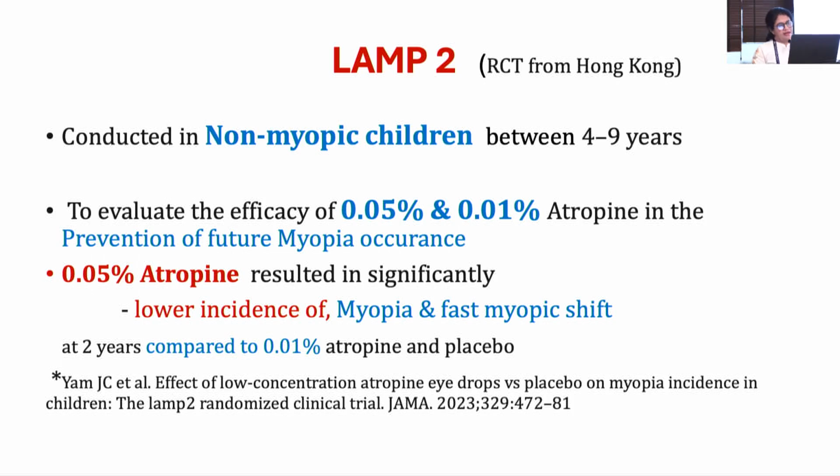And in LAMP 2, they compared in non-myopic children between 4 to 9 years to evaluate the efficacy of 0.05% versus 0.01% atropine in the prevention of future myopia occurrence. And it was found that 0.05% atropine resulted in significantly lower incidence of myopia and fast myopic shift compared to 0.01%.